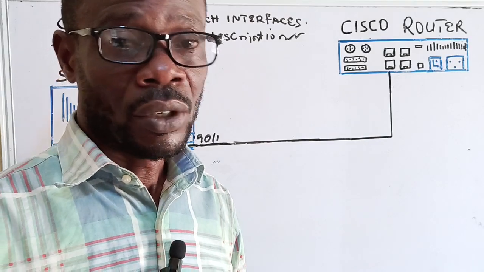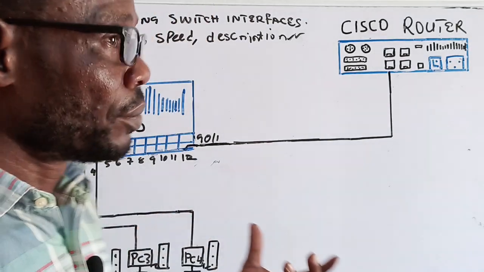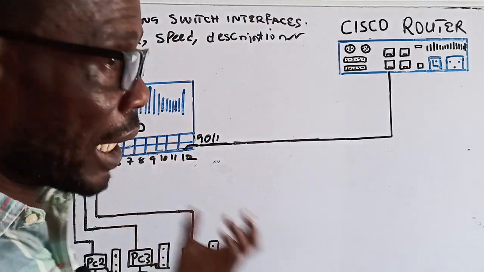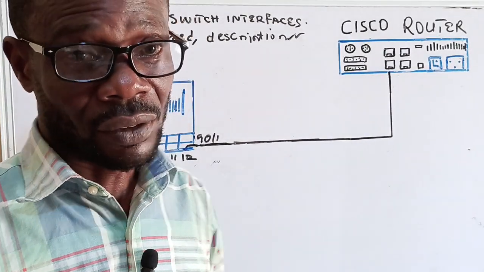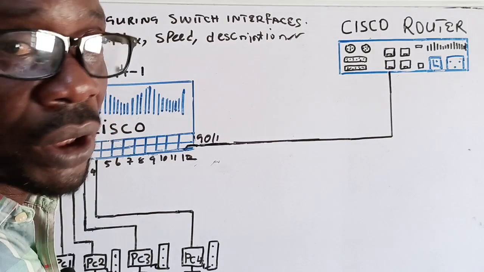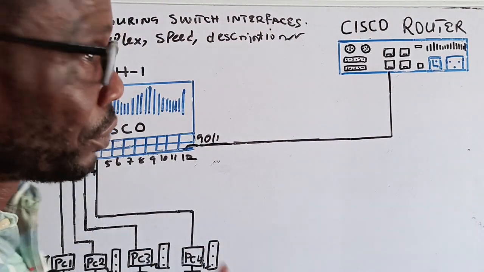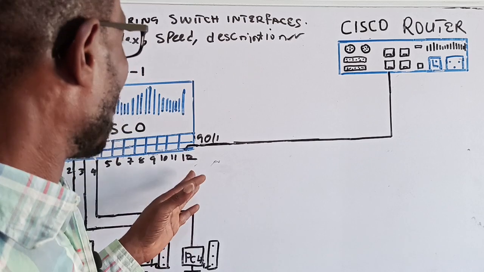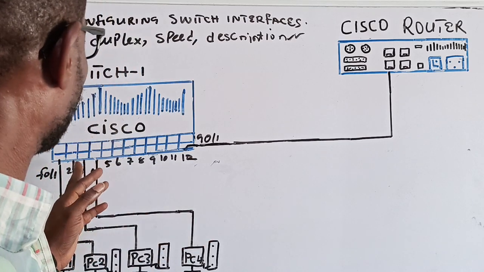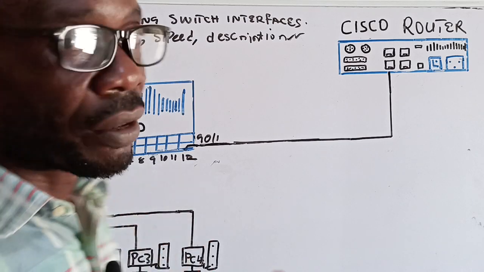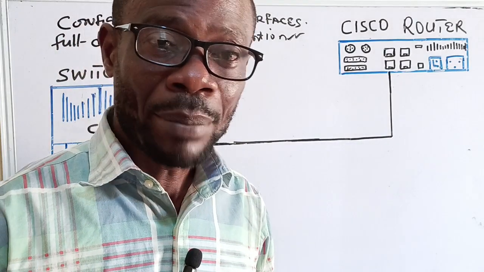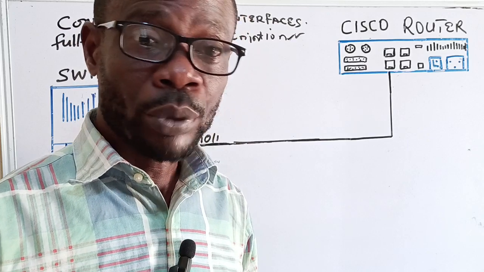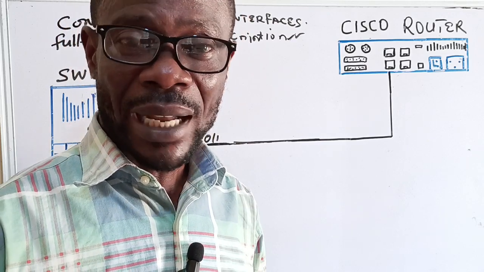Switches by default come with auto negotiation. And of course, you know that switches are full duplex devices. This is a Fast Ethernet switch, which has a full duplex transmission speed of 100 megabit per second. If you discover that these interfaces are showing red or amber light, that's yellow, instead of green, it could be a speed or duplex mismatch.